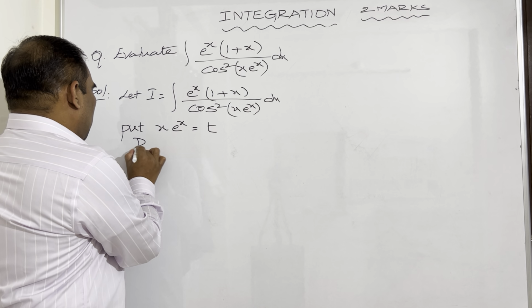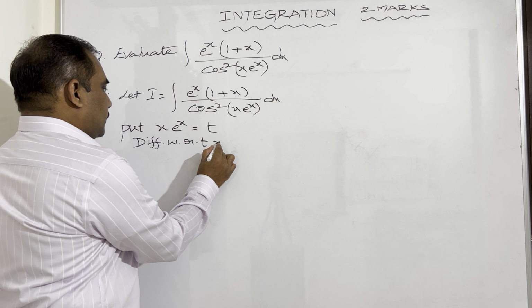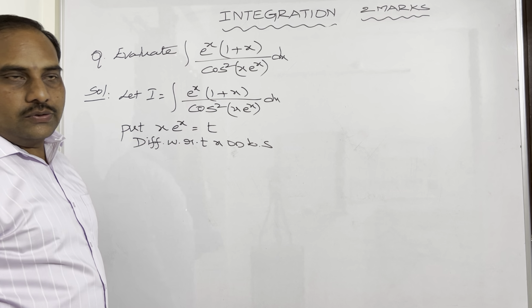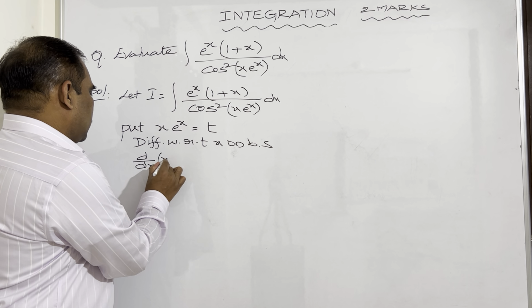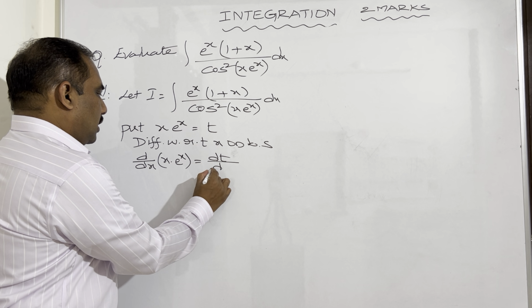Now differentiating with respect to x on both sides, d/dx of x e^x is equal to dt/dx.